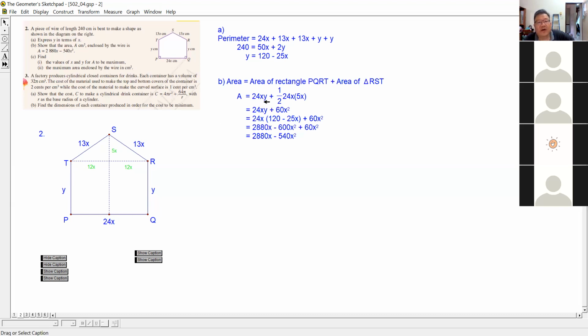So y times 24x is 24xy. Area of this isosceles triangle is half base times height. Half base is 24x, the height is 5x. So as a result, we have area is 24xy plus 60x squared.